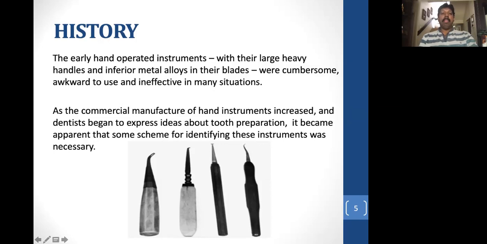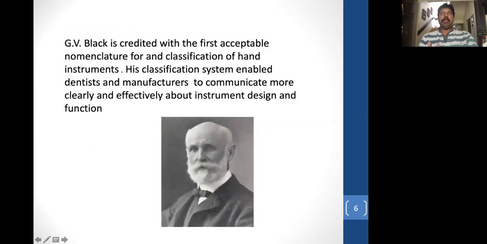As commercial manufacturing of hand instruments increased, dentists began to express ideas about tooth preparation. It became apparent that some scheme of identifying these instruments was necessary. In conservative and operative dentistry, most of the credit goes to Dr. G.V. Black.